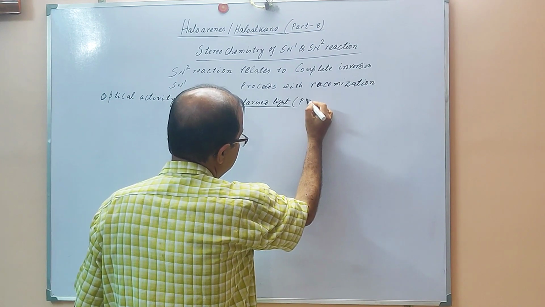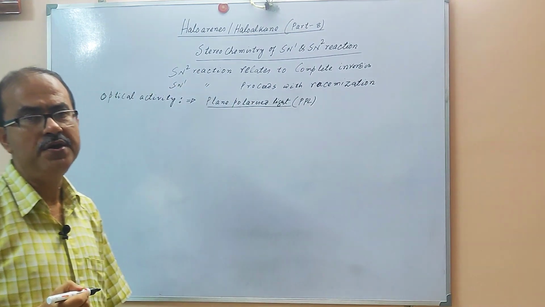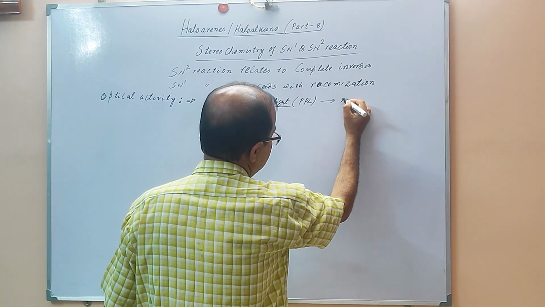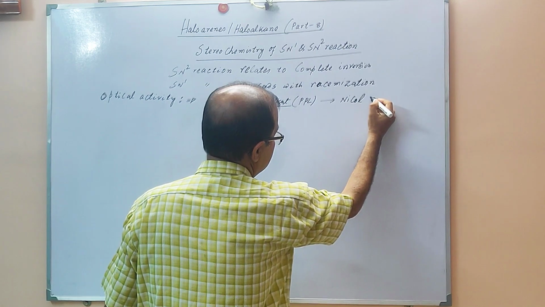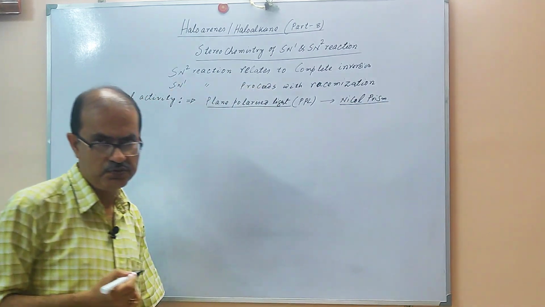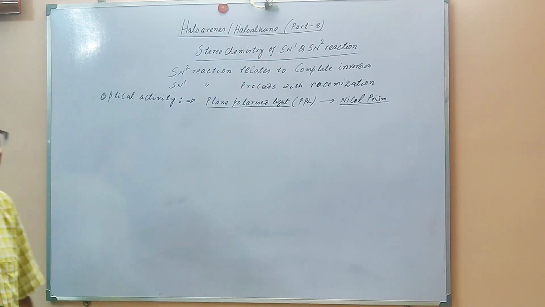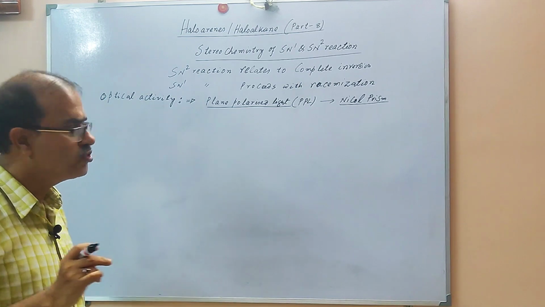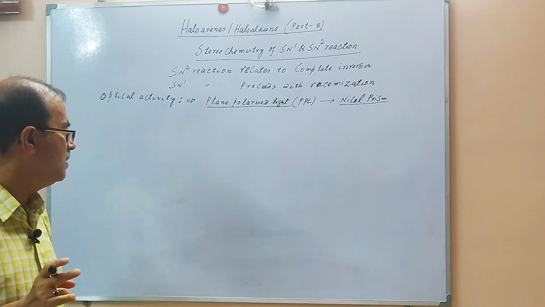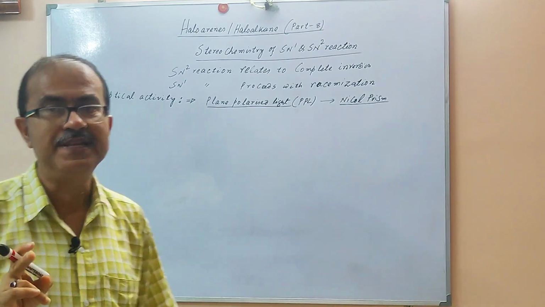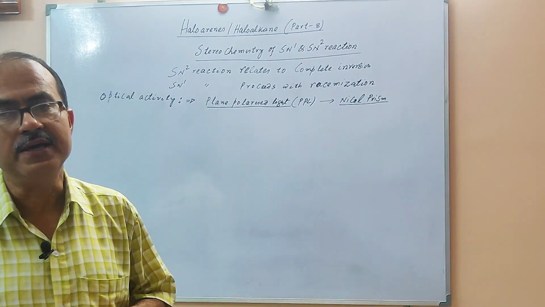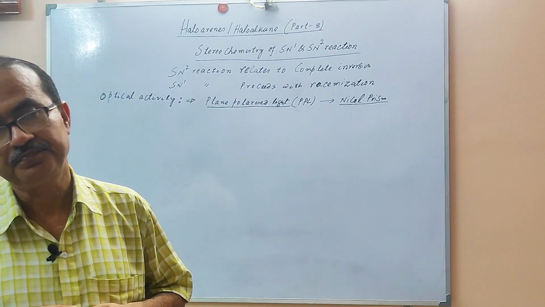PPL is basically ordinary light when passed through the nickel prism. The solution of compounds which rotate this PPL, we call an optically active compound, and this phenomenon is called optical activity.